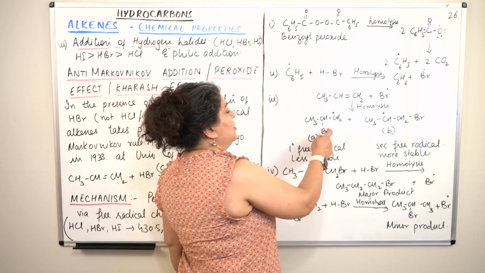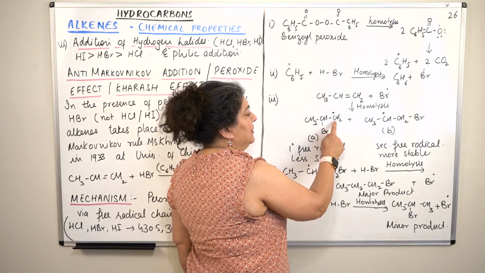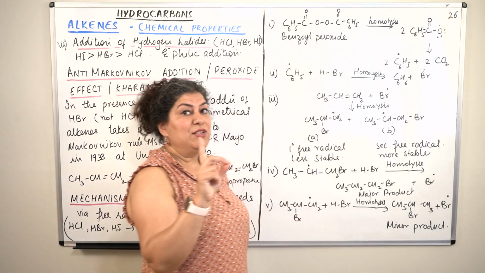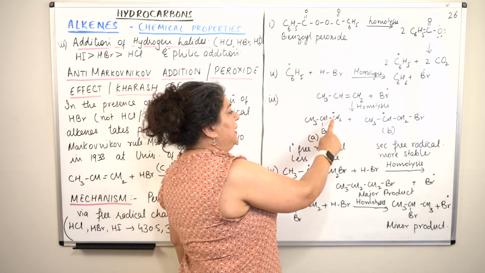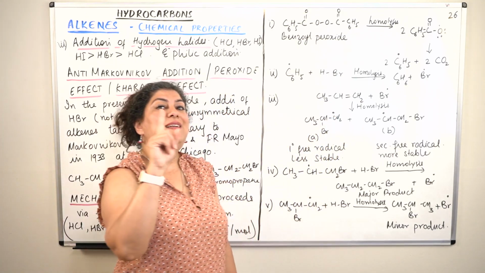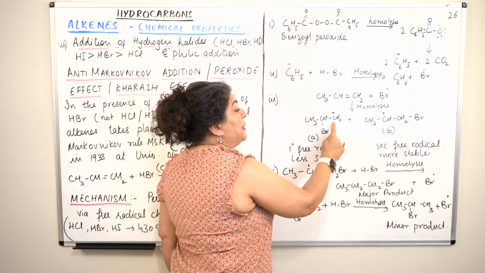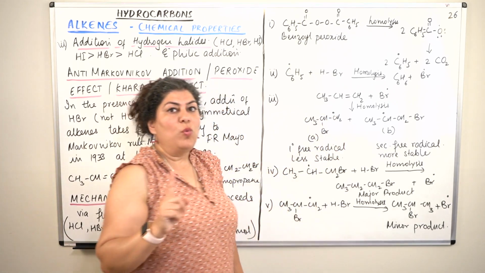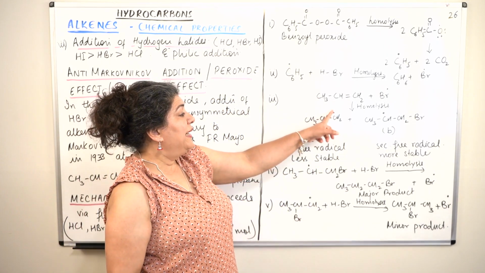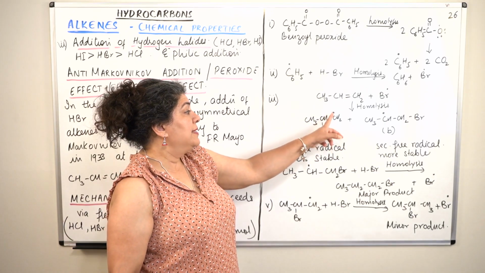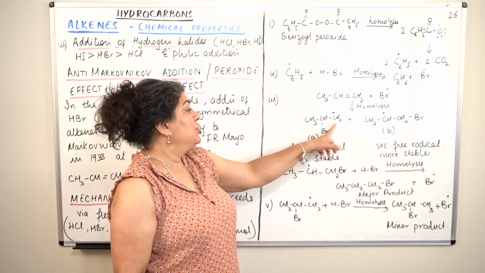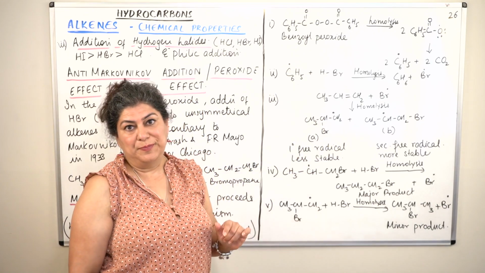If bromine comes and joins this carbon, where is the site of the free radical? The free radical site is the carbon which has the dangling electron, the free electron. So this is a primary free radical. Why primary? Because the single dot is on a carbon which is bound only to one other carbon.